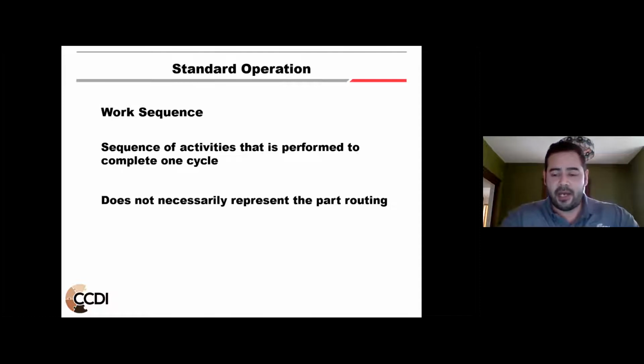If you have a file or a form that has to go through different organizations within your company to be filled out, the work sequence may begin and end with you, but in the middle you have to send it over to HR, or to planning, or to the ordering department to get things filled out. So you have to follow that piece of paper, which in this case is your product, and identify every single step on the way.